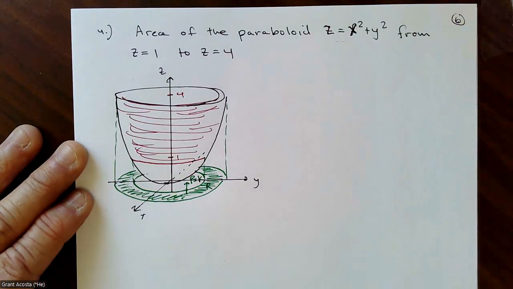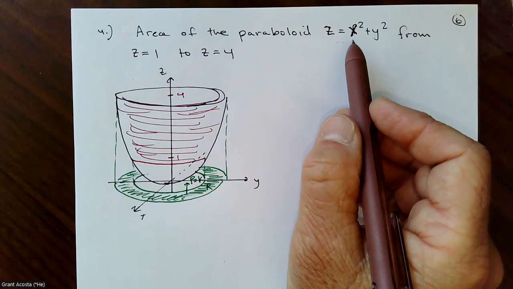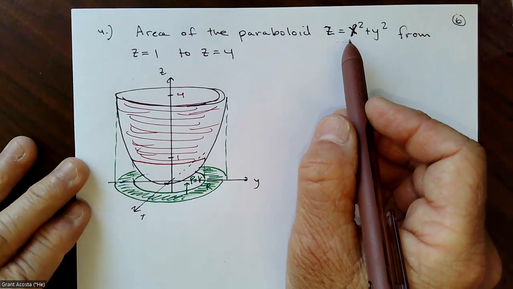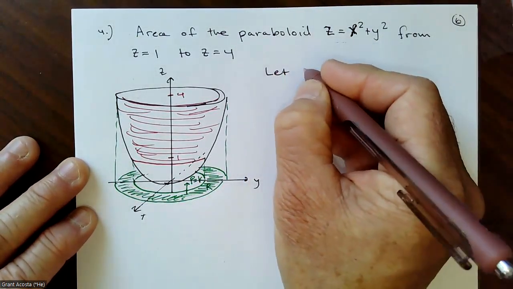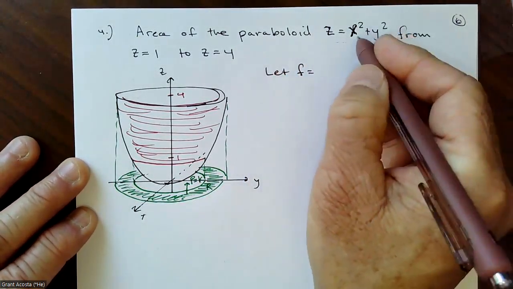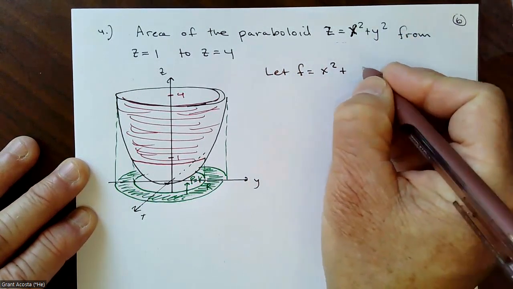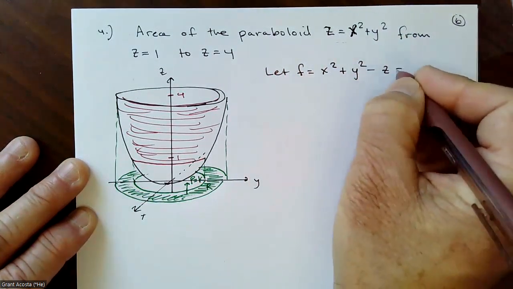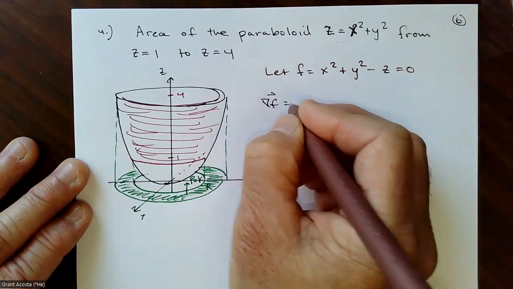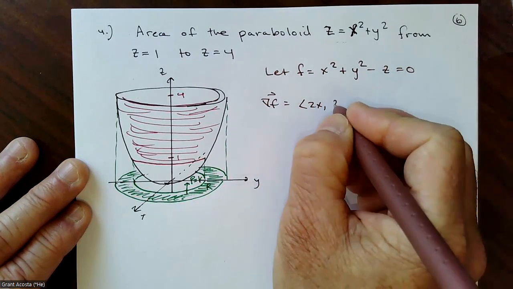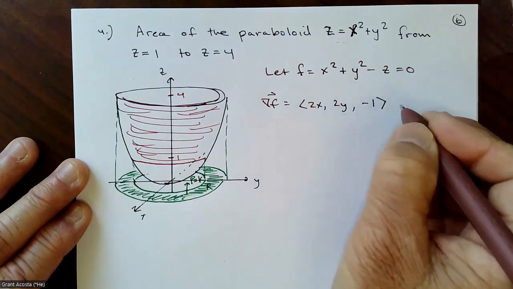We have to do a similar thing as the last one. This one is not an implicitly defined function. So I'm going to let F, all I've got to do is move everybody over to one side, x squared plus y squared minus z equal to 0. And now I can start talking about a gradient: 2x, 2y, negative 1.